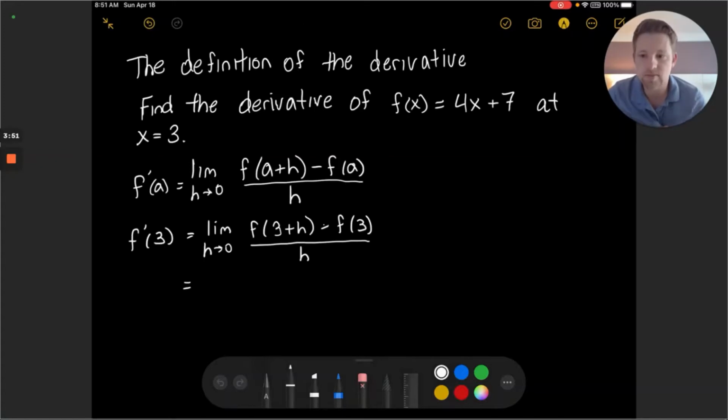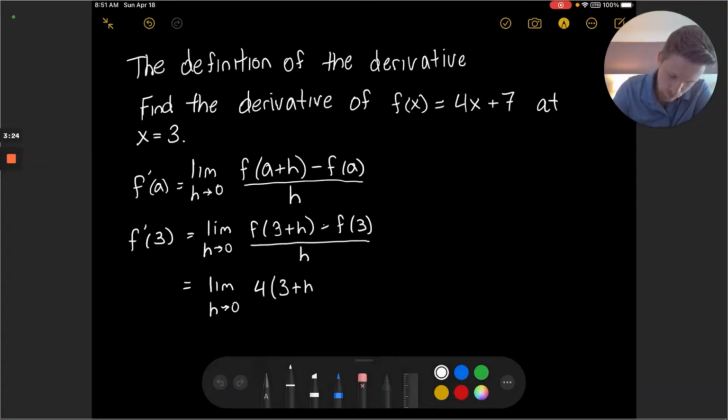So let's take a look at this limit and try to break down what this is representing. f of 3 plus h, that's the f function evaluated at the point 3 plus h. So let's write that down. We have the limit as h goes to 0 of f of 3 plus h, which is going to be the function 4, and then we're going to input 3 plus h, plus 7, that is f of 3 plus h, subtract the functional value at 3.